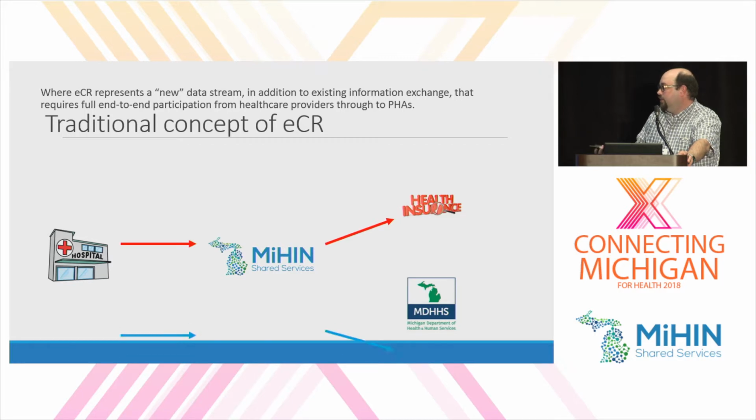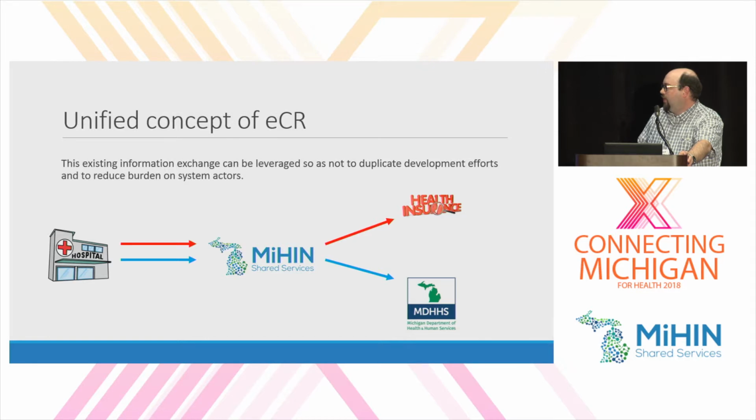And then we say, well, we need our ECR out of this. So they create a separate file, create the ECR, send it to MiHIN, and then on into us. The idea behind the unified concept, though, is that we don't necessarily need two data streams. We can create one data stream that would satisfy both, with less work on the front.